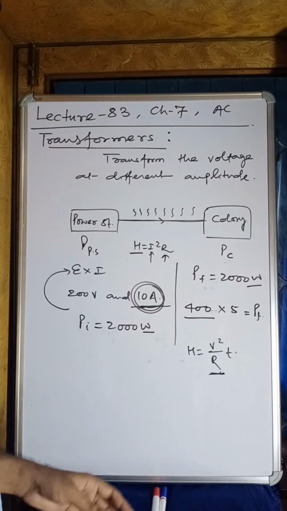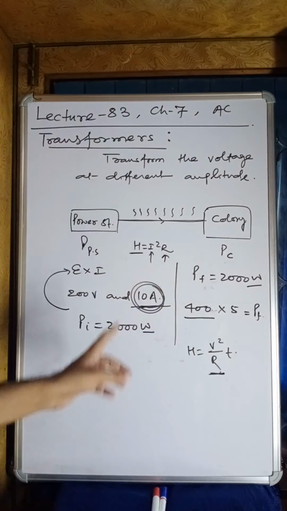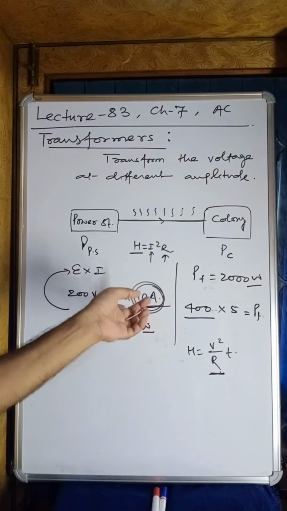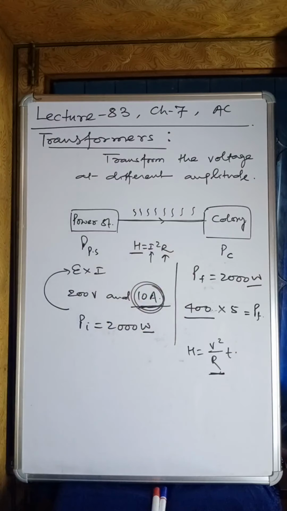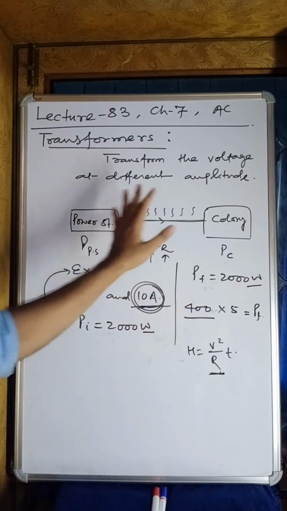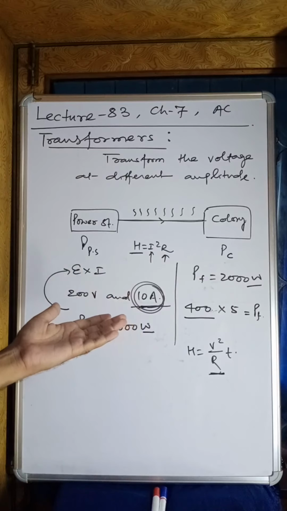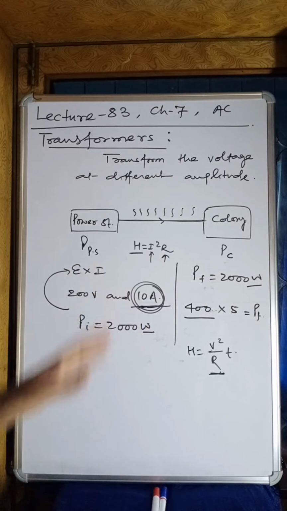So we try to decrease the current during the transmission, and to decrease the current, we are changing the voltage. That's why we use a transformer. Okay, my dear students, in this way you can understand why the transformer is actually required.